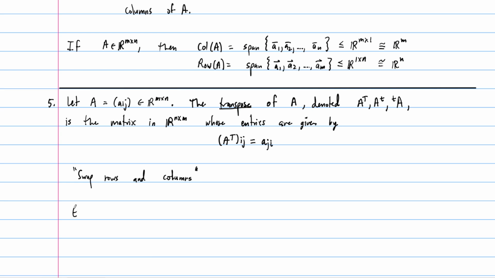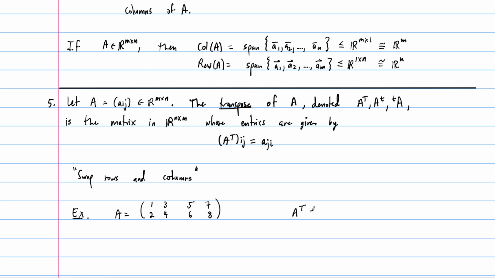All right, so here's an example. Let's say A is a 2 by 4 matrix: 1, 3, 5, 7, 2, 4, 6, 8. So this is in R^(2 by 4). It has 2 rows and 4 columns. You can always take the transpose.